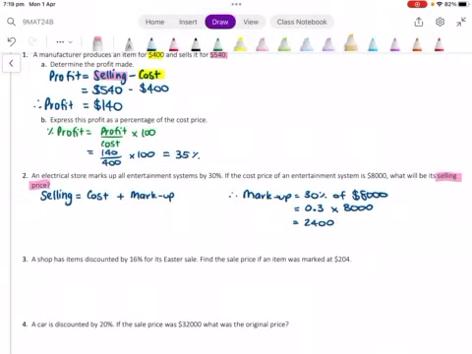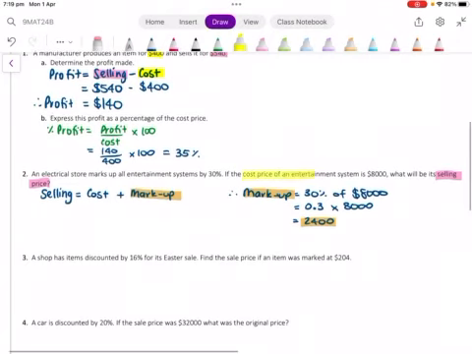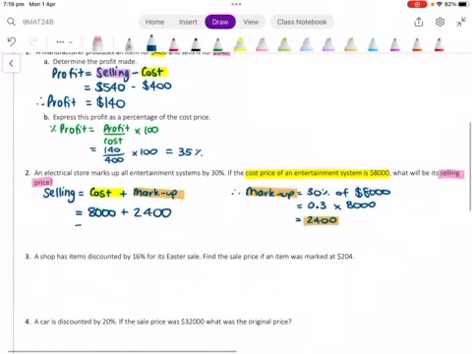So our markup price that we're going to use is 2,400. In this case, the cost price of an entertainment system is our 8,000. So that means our selling price is going to be 8,000 plus the 2,400. And when we put this into our calculator, we get $10,400.